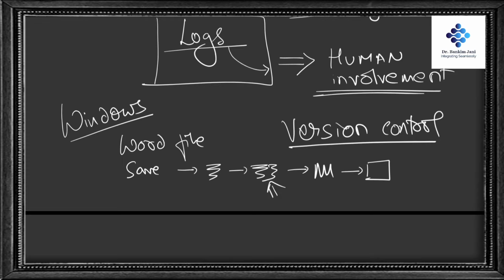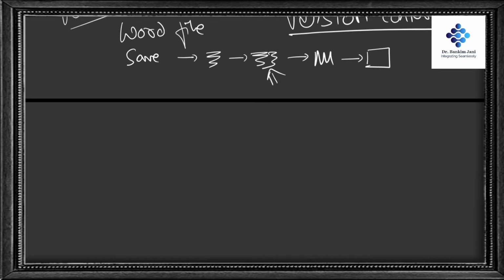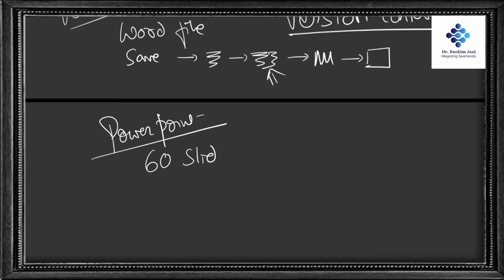Now a classical example is, say you worked for a whole night and you created a very fine PowerPoint presentation, having, let's say, 60 slides, right? And with good R&D you created it and you saved it under the name my best work dot pptx.